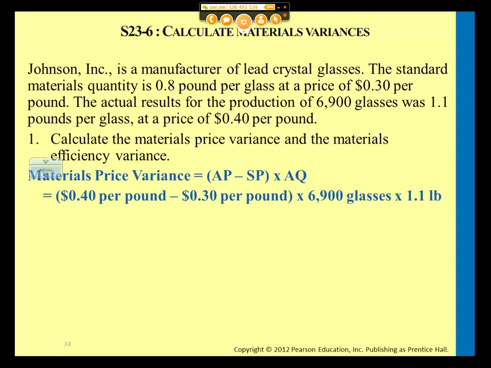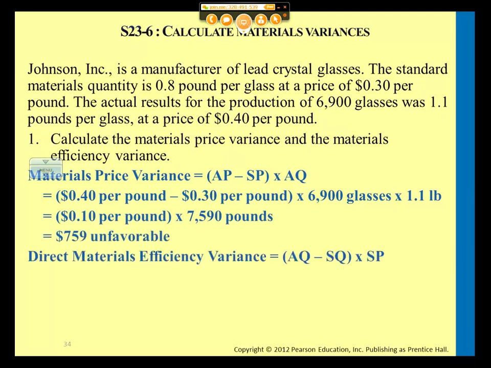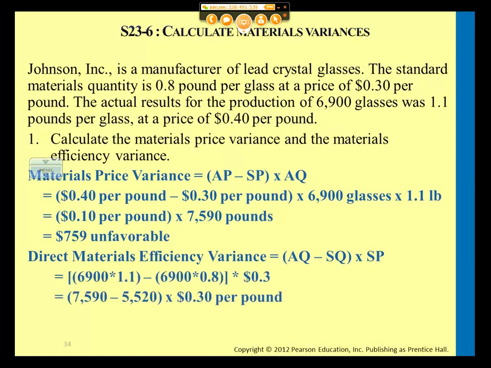We just went and we calculated. We paid attention to the actual quantity because the quantity was given to us as pounds per glass and number of glasses, right? We paid attention to this. And then as the next one, we calculated direct materials efficiency variance, again, just strictly by the formula. And we again paid attention to what's given to us.